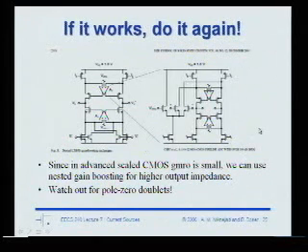This was part of a pipeline AD converter which had a very high dynamic range. In this particular case, he ends up getting a gain of something like 130 dB out of his amplifier. This is, I believe, a 0.18 process, or maybe 0.13. But no, it looks like it's 0.18 by the supply voltage.